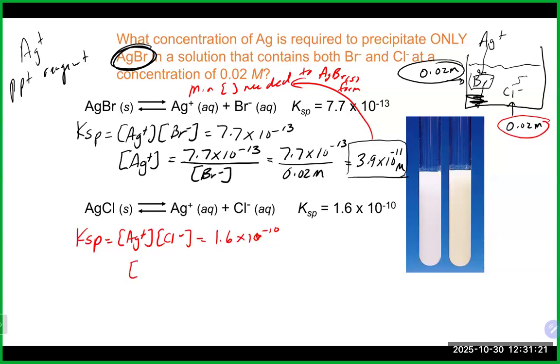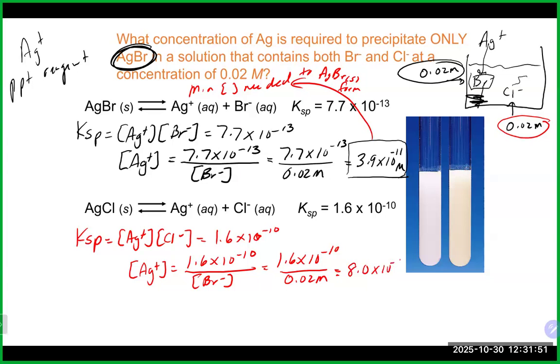That means we can rearrange here and solve for silver, which would be 1.6 times 10 to the minus 10 divided by our chloride concentration. Putting in our numbers here, 1.6 times 10 to the minus 10 divided by 0.02 molar is going to give us a silver concentration of 8 times 10 to the minus 9 molar here.